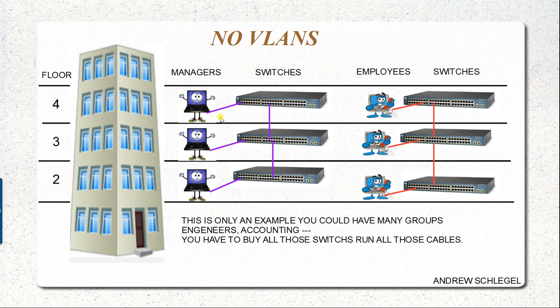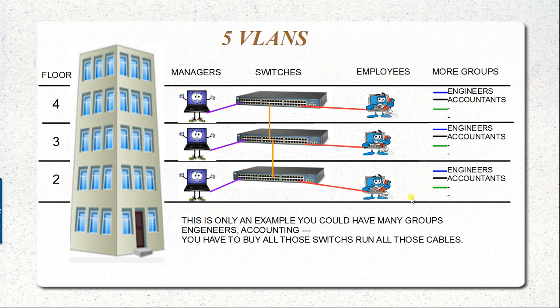So you have to plug in 5 managers, 5 managers, 5 managers, and then any of the managers can communicate with each other. And then we have to buy 3 more switches and plug in 15 employees, 15 employees, 15 employees, and then connect lines. We have to run cable between the floors somehow. Okay, so that'll work, but there's a better way, and that's using VLANs.